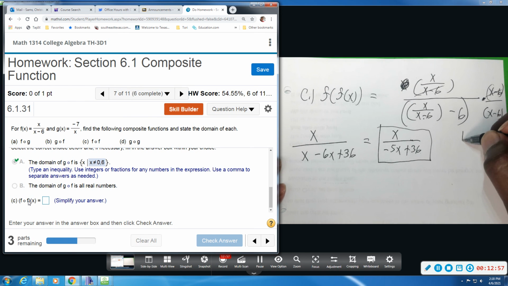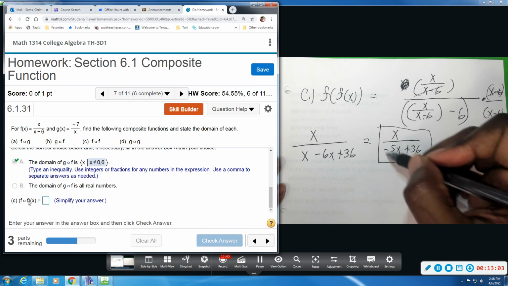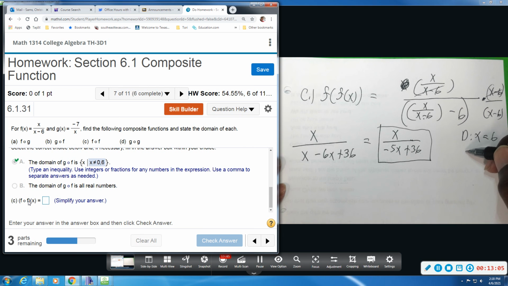Part of my domain was we could not use 6 because that was from f of x. We also have another part of our domain, negative 5x plus 36 cannot be 0. We will subtract 36, so we get negative 5x equals negative 36.